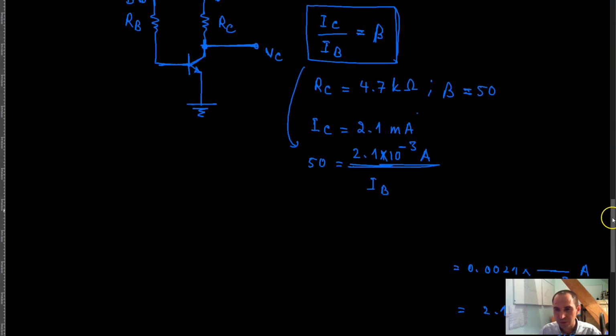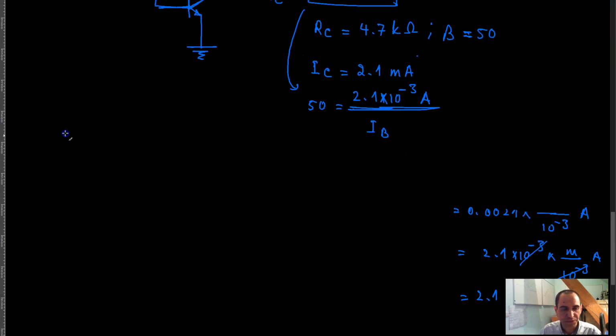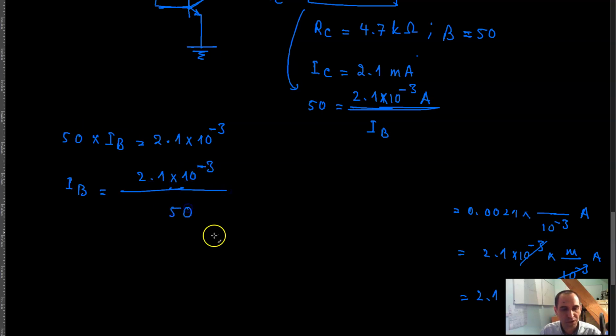So then 50 times I of B is equal to 2.1 into 10 raised to the power negative 3 amps, and these are all in amps, so I will not write that. So I of B is equal to 2.1 into 10 raised to the power negative 3 divided by 50, right?